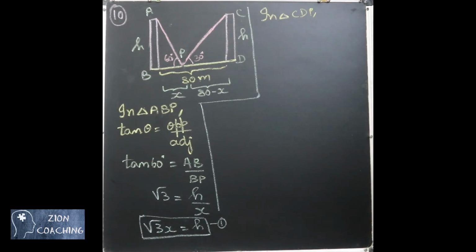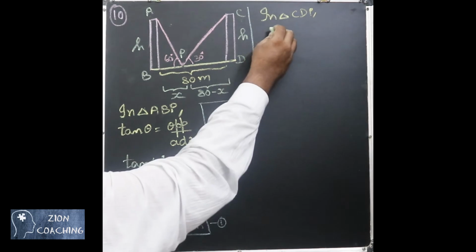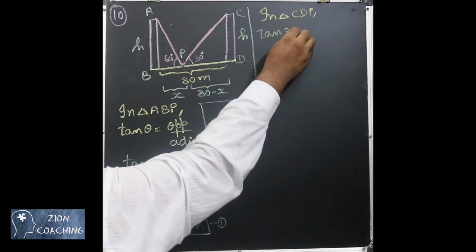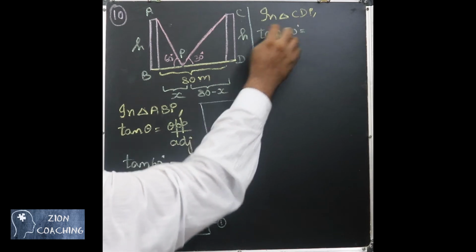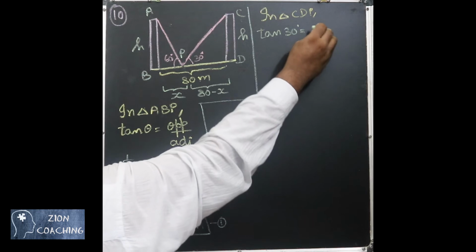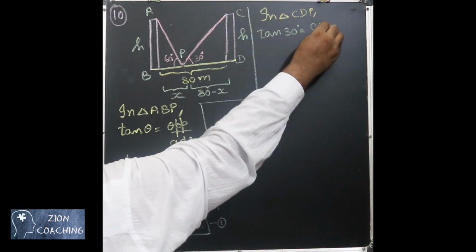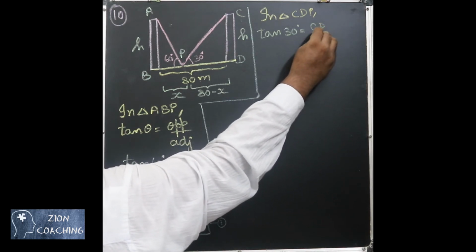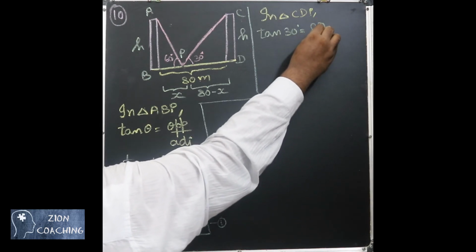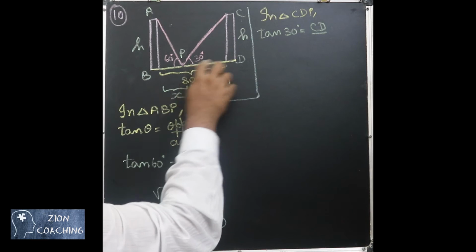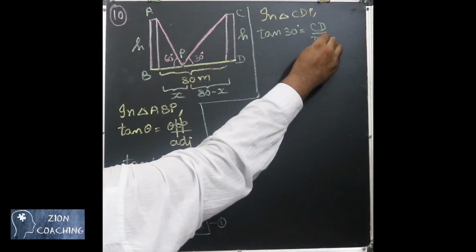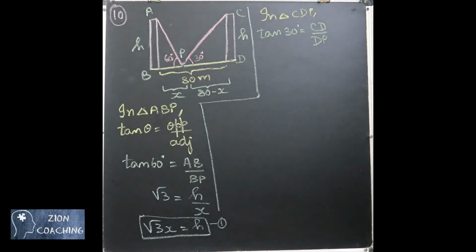The angle here is 30 degree, so tan 30 degree is equal to CD by DP.